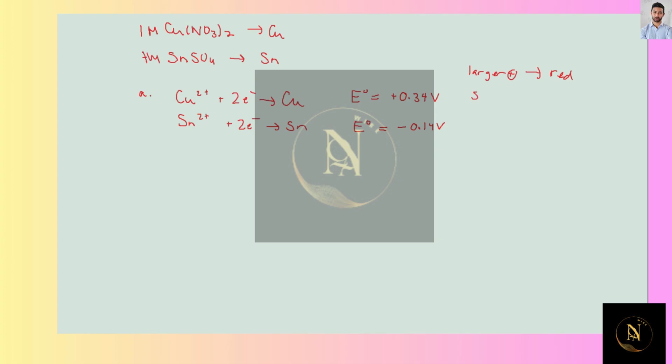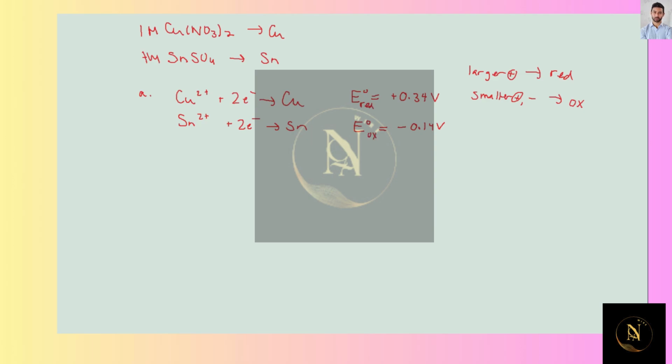Whichever one has the smaller positive, or actually has a negative value, is the substance that is going to be oxidized. If we want a spontaneous reaction, we want the reduction minus the oxidation to be a positive value. So in order for E cell to be positive, this would have to be the reduction, and this would have to be the oxidation.